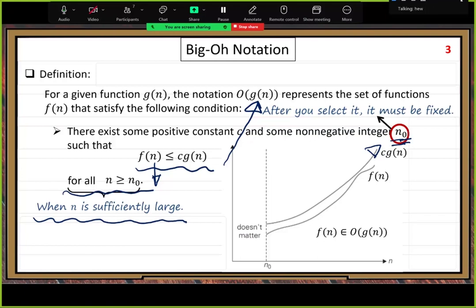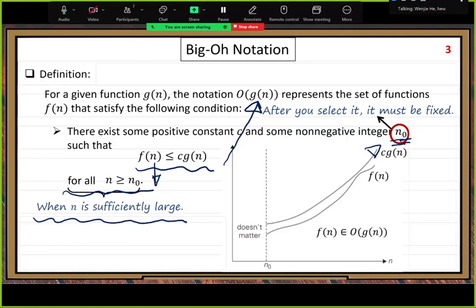Because when we change the value of little c, we can raise the graph of c times g of n up or down. When we raise it to somewhere, it completely covers the graph of f function. That's the visual understanding.